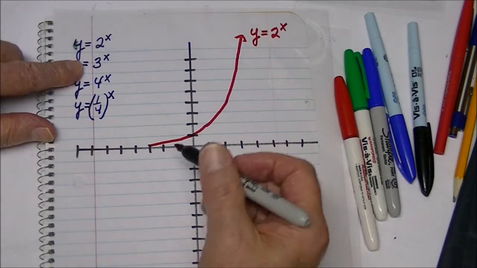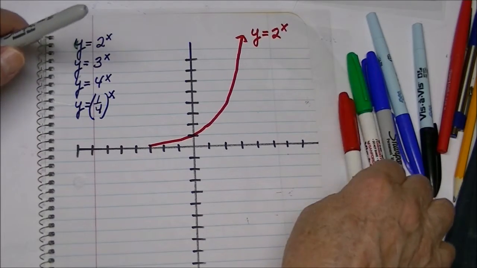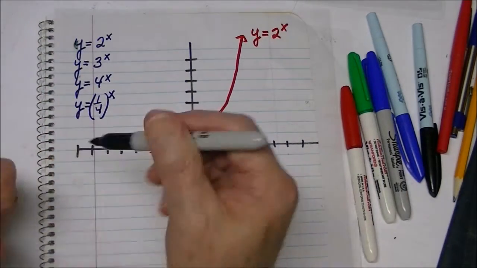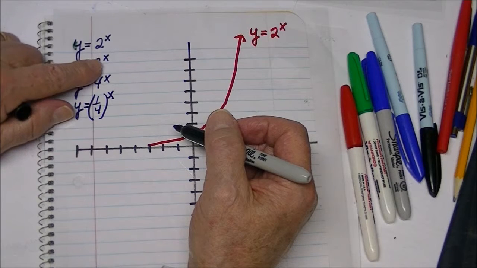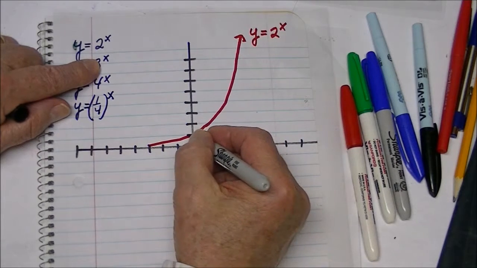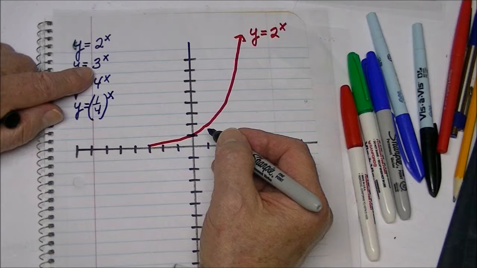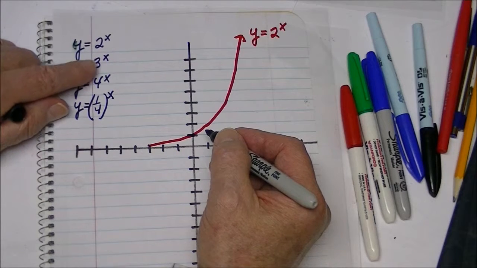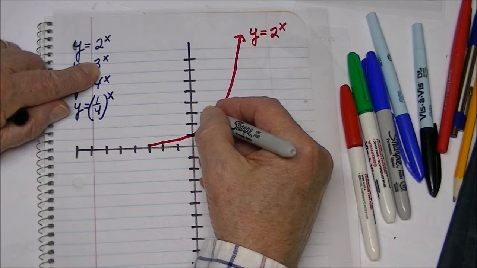Well, interestingly, as we do this, let me use black for this one then. If x is 0, we get 3 to the 0 power, which is 1. So that goes right there. If x is 1, 3 to the first is right there.